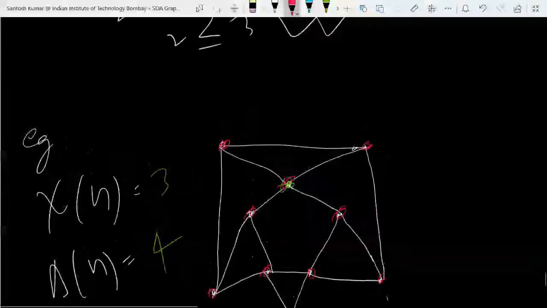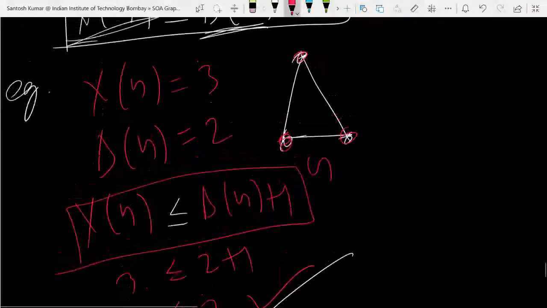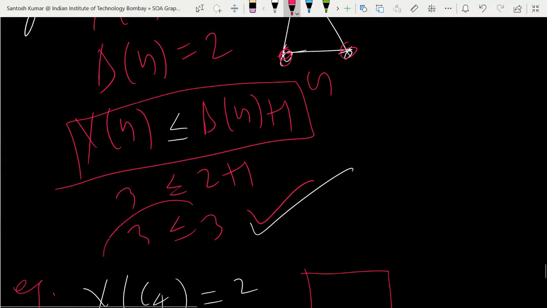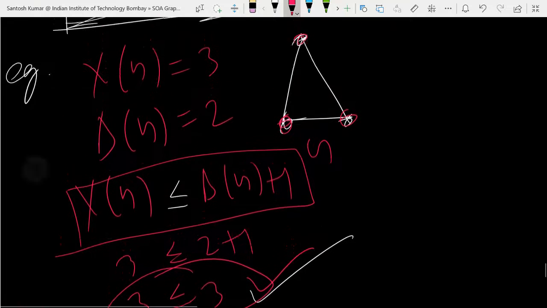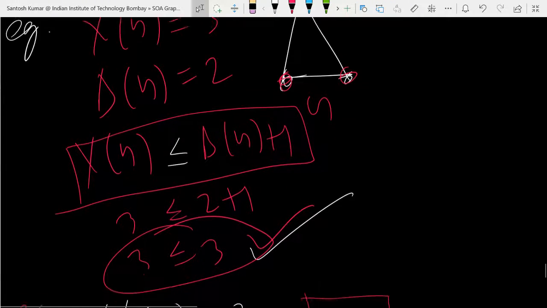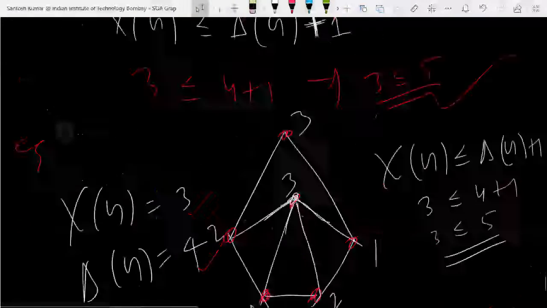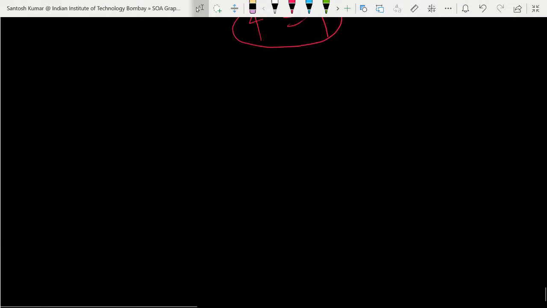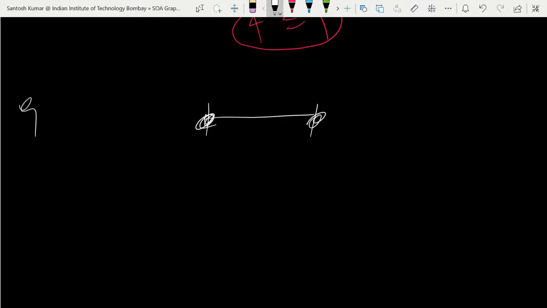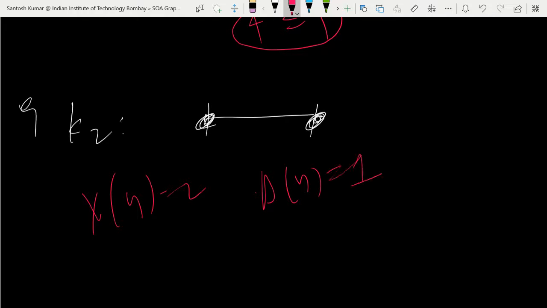So in case of K3, was it also the case? Yes. Notice here, it was the complete graph of 3 vertices, and we got this. Then again, you can try for K2. In that case also, chromatic number is 2 and delta G is going to be 1.